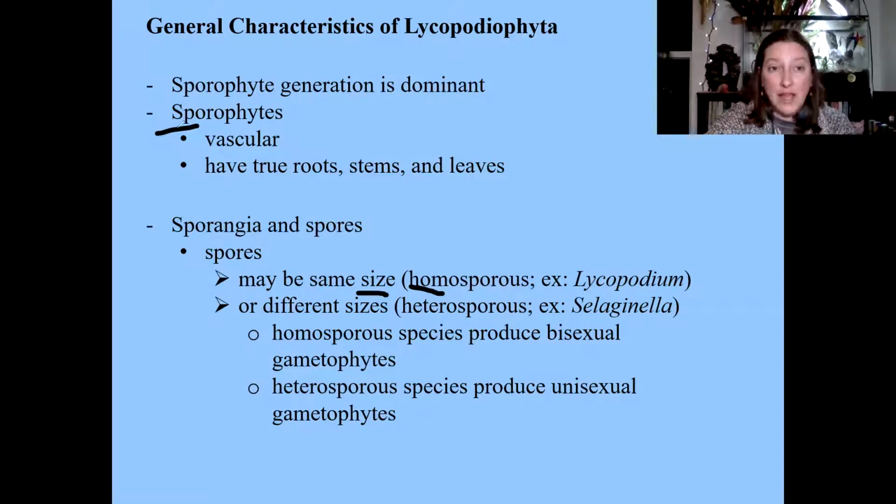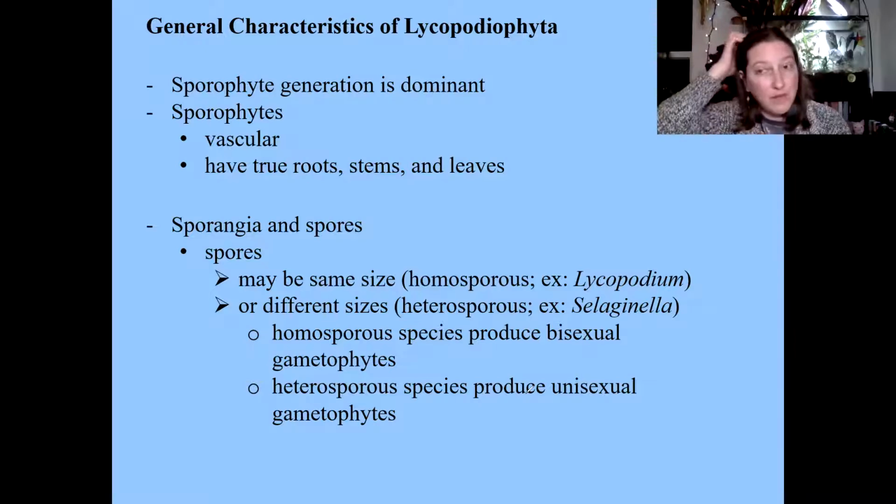However, if a sporophyte plant makes spores that are different sizes, two types of spores, each spore type will grow to become a gametophyte plant. One type will grow into a female gametophyte plant. One type will grow into a male gametophyte plant.